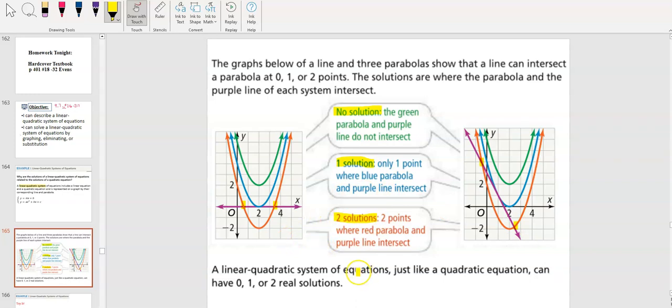It's when 2 points of the red parabola and the purple line intersect. So overall, a linear quadratic system of equations, just like a quadratic equation, can have 0, 1, or 2 real solutions. And it all depends on the graph of where the linear equation and the parabola intersect.